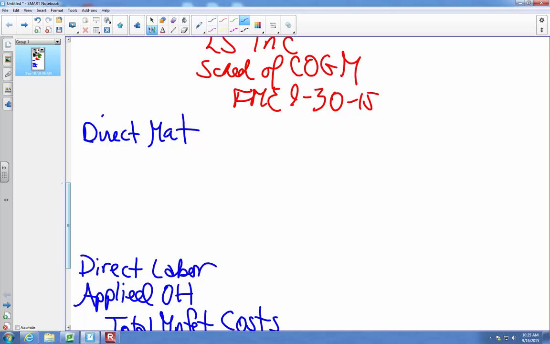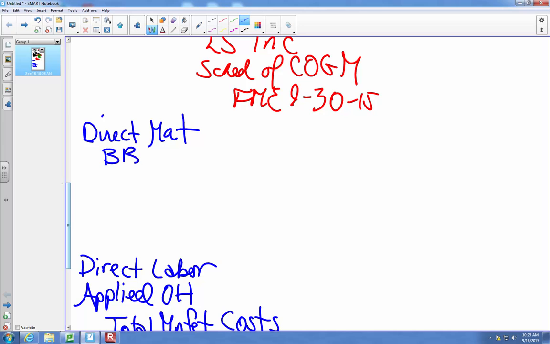So if I'm just trying to get direct materials here, can I just go straight to my raw materials account, or do I have to pull the indirect materials out? I have to pull the indirect materials out because my raw materials inventory is both. So the model is, and again, I keep checking my notes because I want to make sure there's no discrepancy between what I'm showing you.